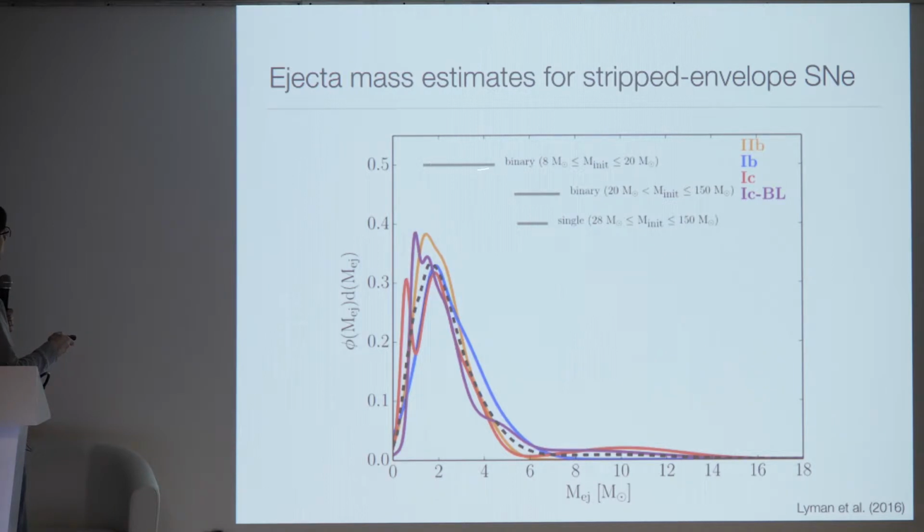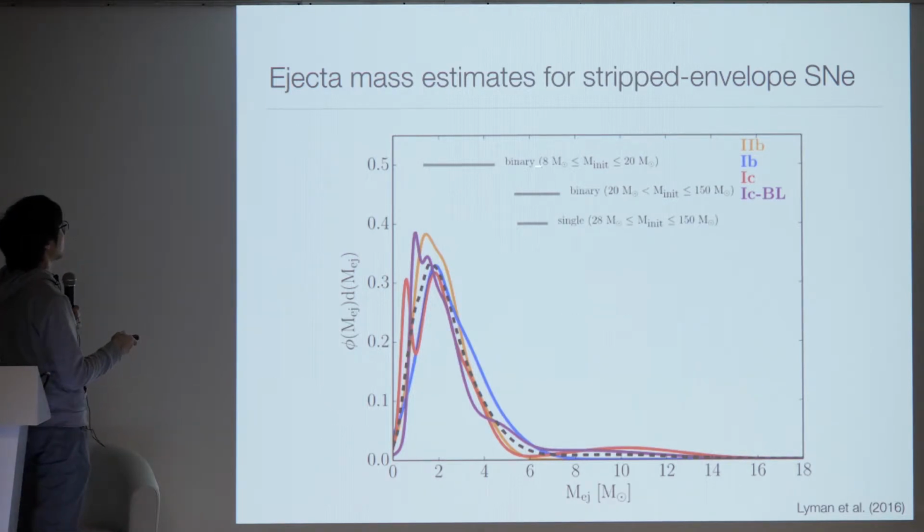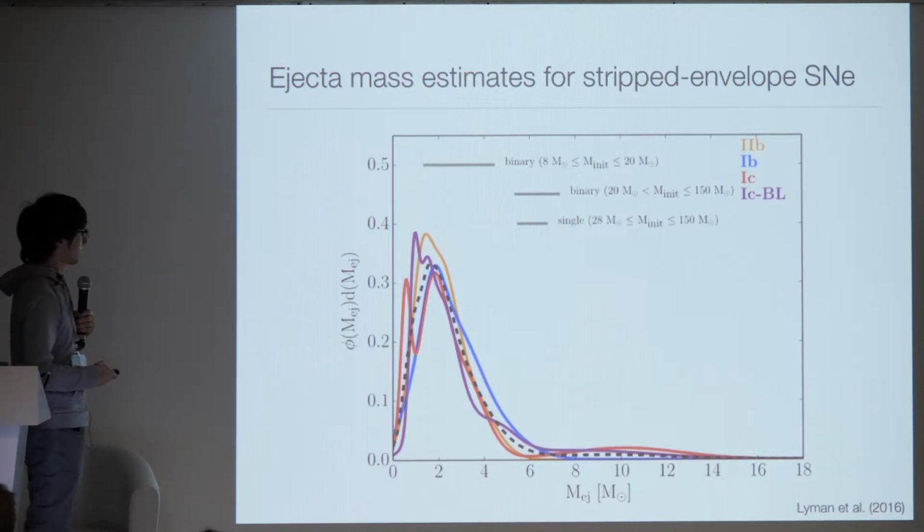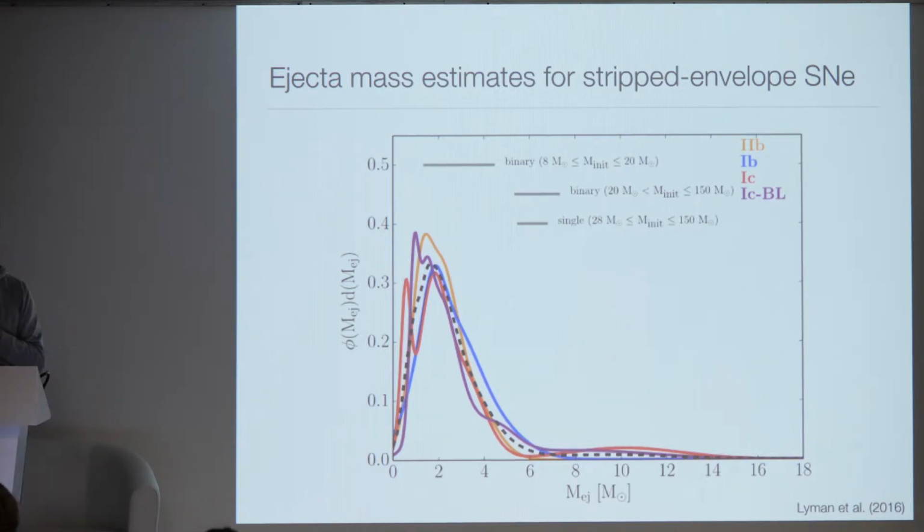The best model which can explain these distributions is binary stripping from relatively low mass progenitors, which, if there's no companion star, would explode as red supergiants without much mass loss. But if there's a binary, you can have a lot of mass stripping, which can lead to these stripped envelope supernovae.